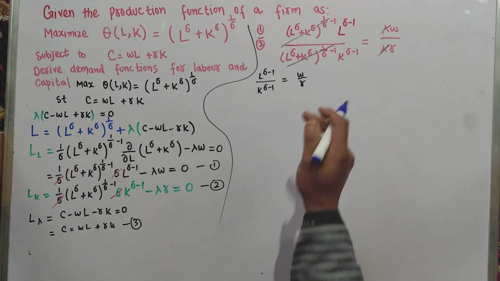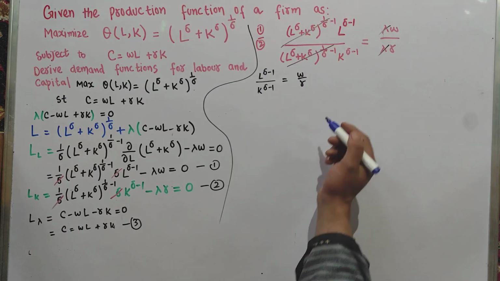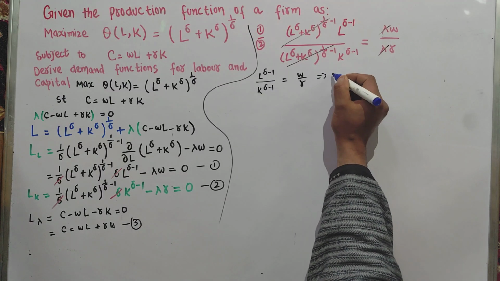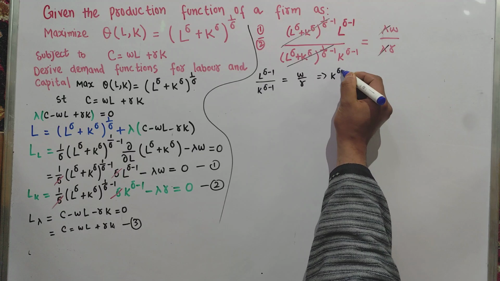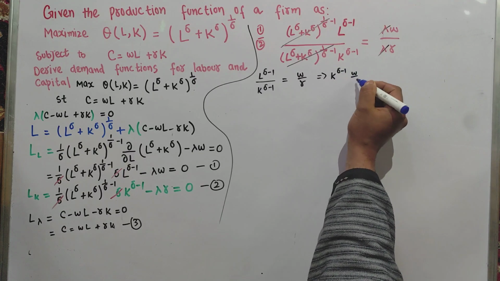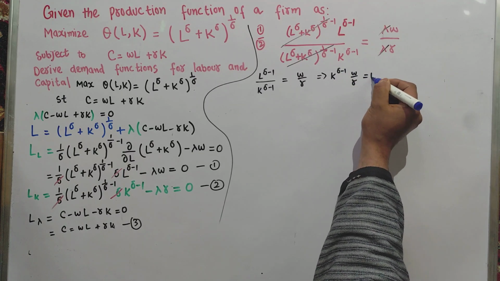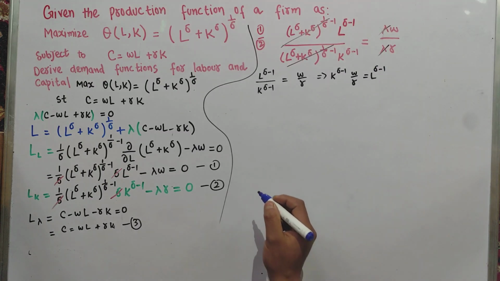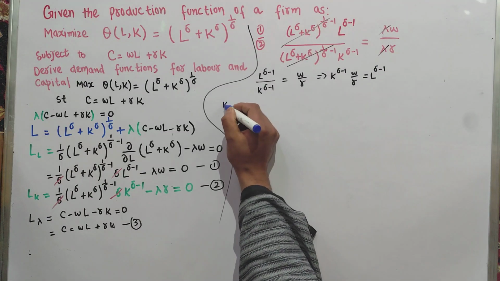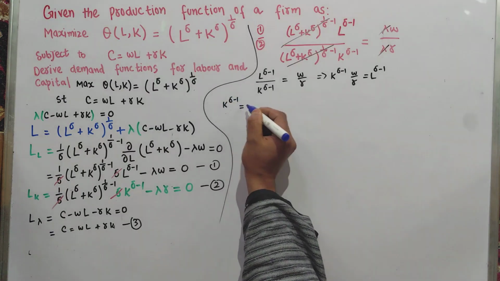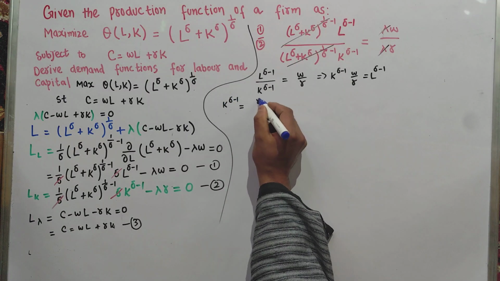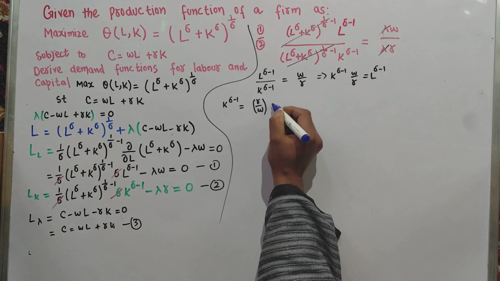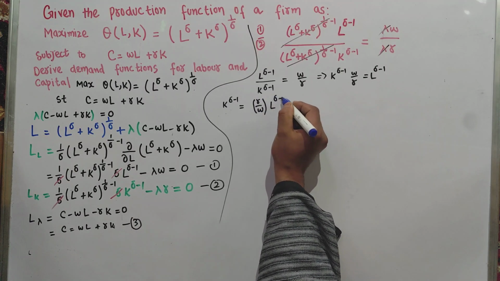Now let us solve this for K. So if I transpose it here, we will get K raised power delta minus 1 times W upon R is equal to L raised power delta minus 1, or K raised power delta minus 1 is equal to, transposing this, R upon W, then we have L raised power delta minus 1.